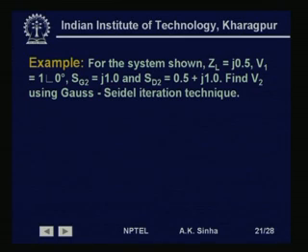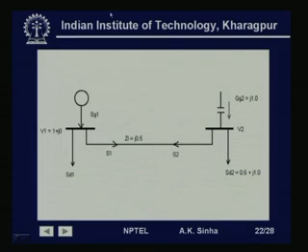Now, we will take a small example to illustrate how we can solve a power flow equation using this Gauss-Seidel technique. Here we have a system shown in the figure, a simple 2 bus system where we have a bus 1 with complex power injection, and the voltage at this bus is given as 1 plus j0, that is magnitude is 1, angle is 0 degrees.